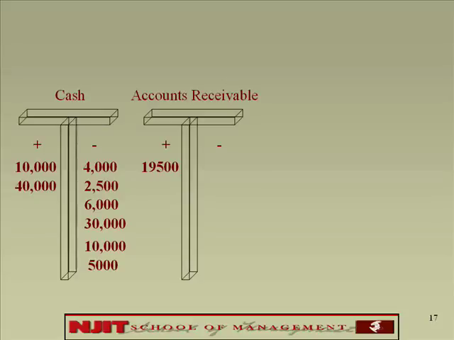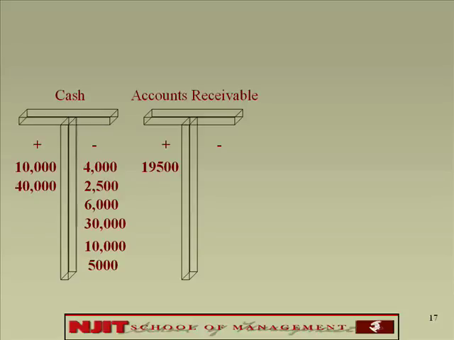Did the company get money? Sure. They got $10,000. So cash would be plus 10,000. Accounts receivable. They paid you 10,000, so they don't owe you 19,500 anymore.